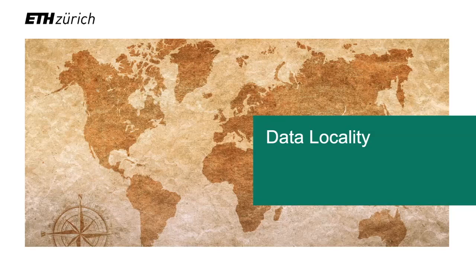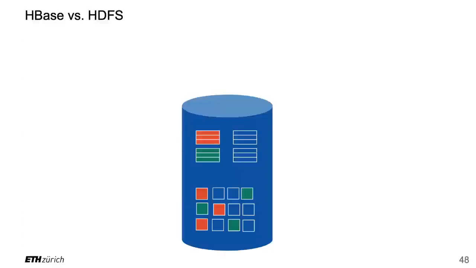What does it mean? It means that from the perspective of HBase, it's just big files. But from the perspective of HDFS, these files are cut into 128 megabyte blocks, because that's what HDFS does. And then HDFS is spreading all of these blocks all over the machines of the cluster.